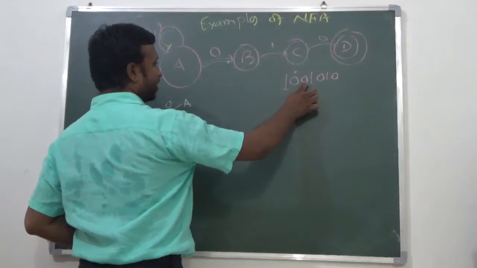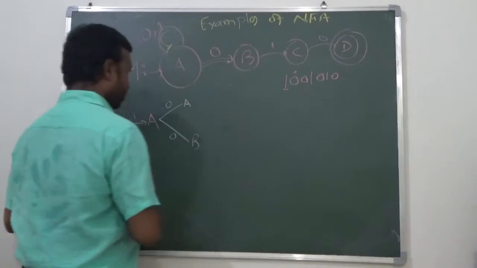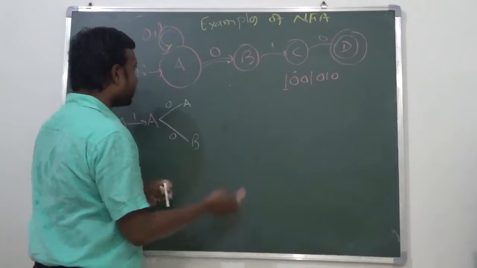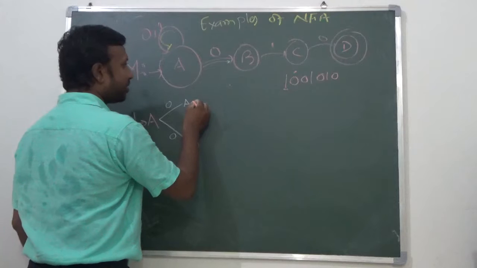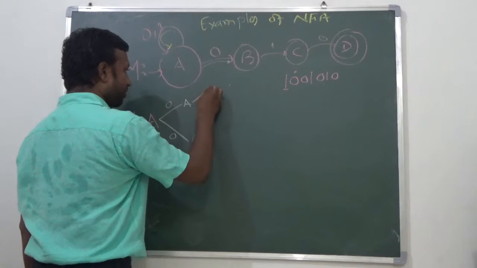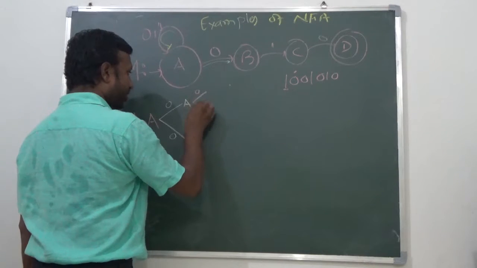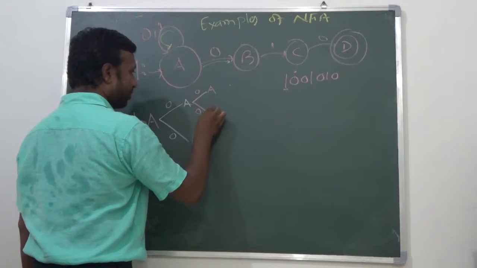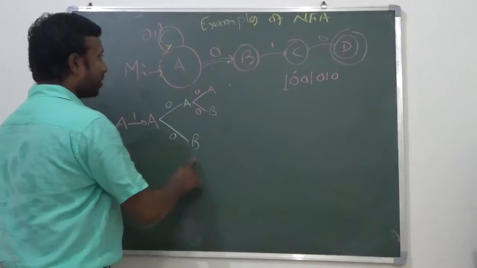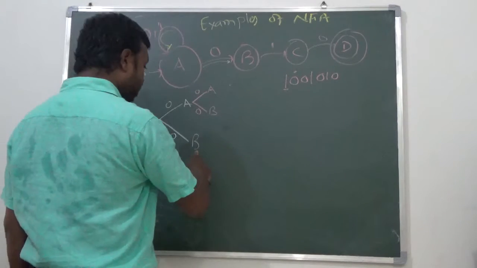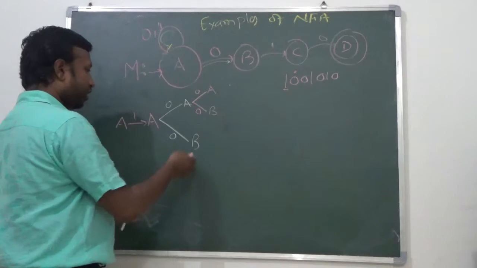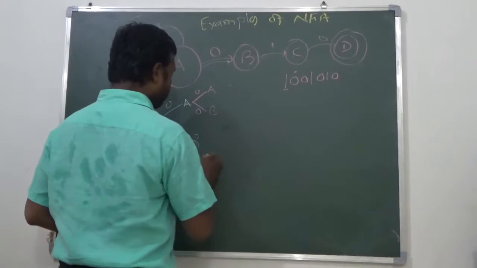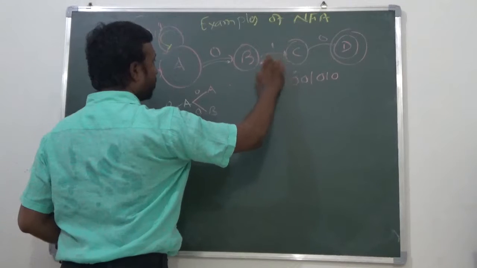Now then again I need to process this 0, right? If the machine decides to reside in the state A, then the machine has again 2 choices. By processing the 0, the machine will go to the state A or the B. Now, if the machine decides to stay in the state B, then by processing this 0, there is no branch.